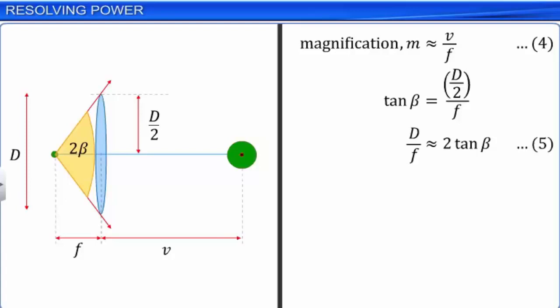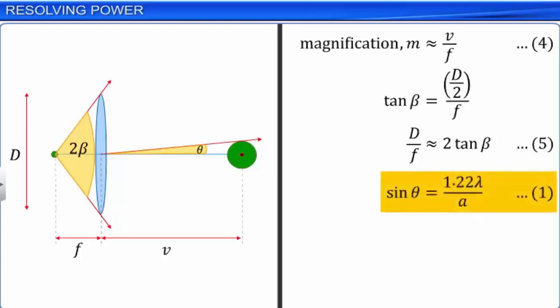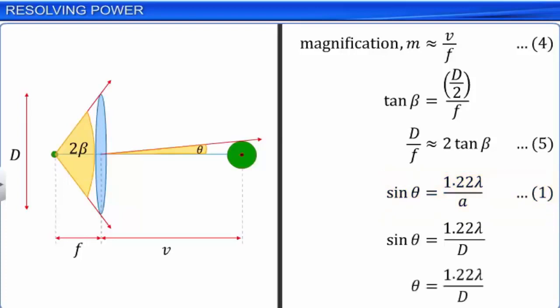If the first dark ring of the diffracted pattern is formed at an angle theta, then, from equation 1, we have sin theta is equal to 1.22 lambda by d. For small angles of theta, theta is equal to 1.22 lambda by d.